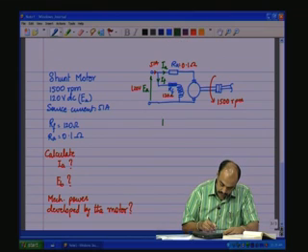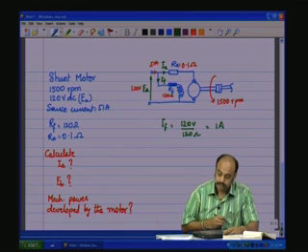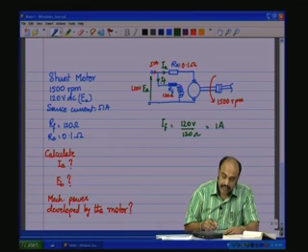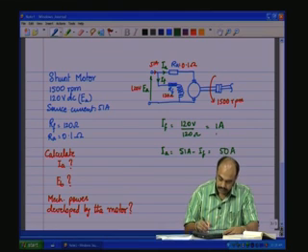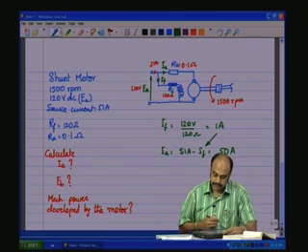Now, IF is easy to calculate, which is 120 volts by 120 ohms, which is equal to 1 amp. So, 1 amp flows through the field, and 51 amps is coming from the source. So, IA is equal to 51 amps minus IF, which is equal to 50 amps, because IF is 1 amp.